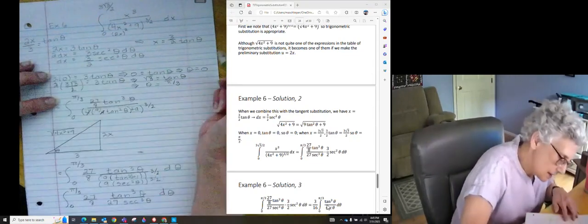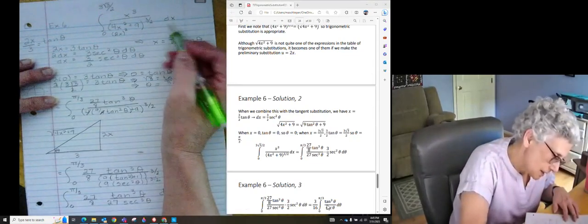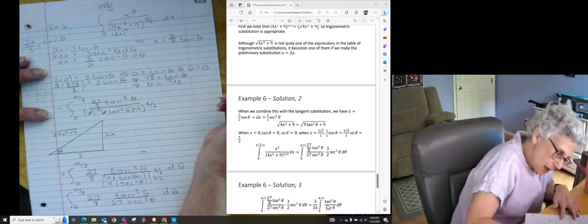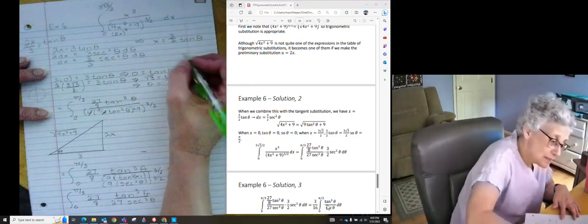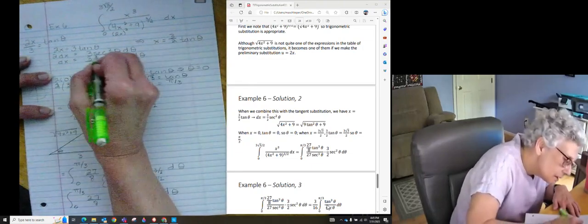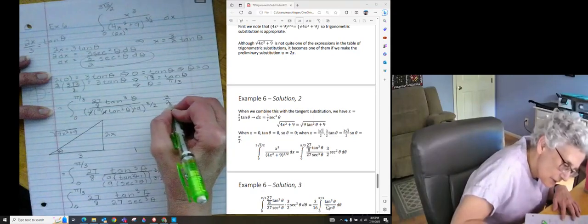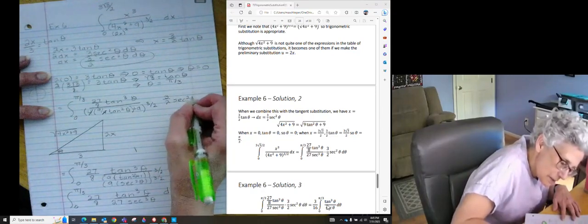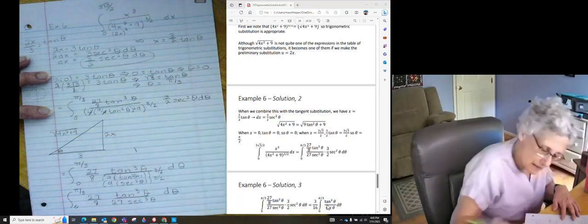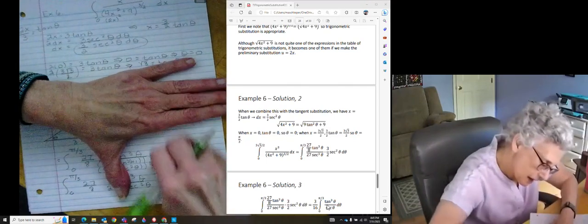d theta is equal to, or actually dx is equal to, oh, that's why I forgot it, because I didn't write it down. Yeah, I did. It's right here. dx is right here. I should have had 3/2 secant squared of theta d theta.